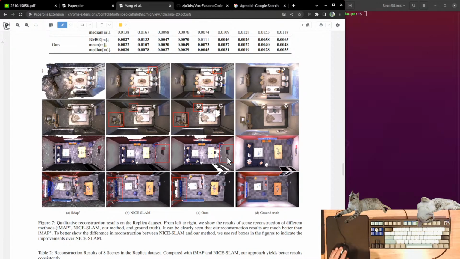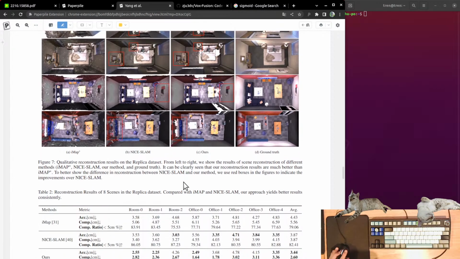And then in theirs, you have the full flatness of the wall. Different details here: the back of the TV is really messy in NICE-SLAM, but in theirs, it just has holes when it doesn't know what it's doing.